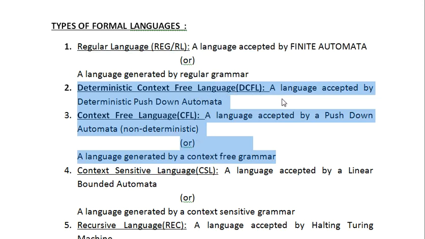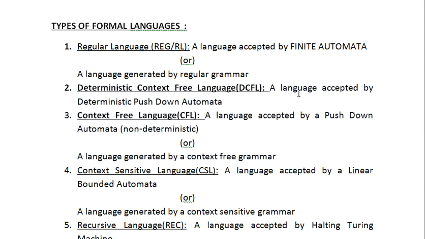One is deterministic push down automata, and the other one is non-deterministic or simply push down automata. If a language is accepted by deterministic push down automata, that is known as deterministic context free language. If a language is accepted by push down automata or non-deterministic, that is known as a context free language. And if a language is generated by a context free grammar, that is known as your context free language.